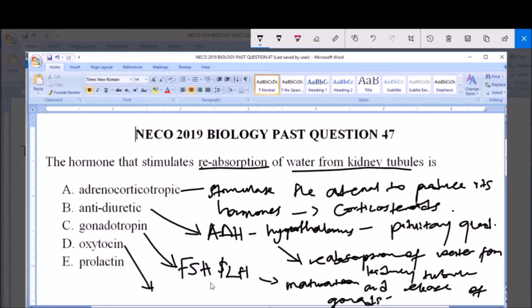Oxytocin is also a hormone of the pituitary gland that induces childbirth or labor, and also induces milk secretion from the nipple. Then option E says prolactin. Prolactin induces milk production.